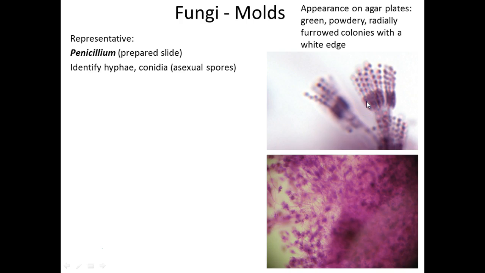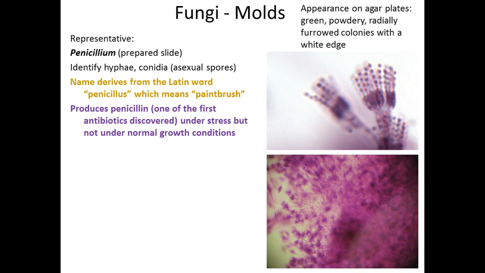They form these long chains, again, the conidia, but it's just spread out like a brush. And actually, Penicillium means paintbrush. That's how it gets its name, because its reproductive structure looks like a paintbrush. I think it looks like a broom, but, you know.